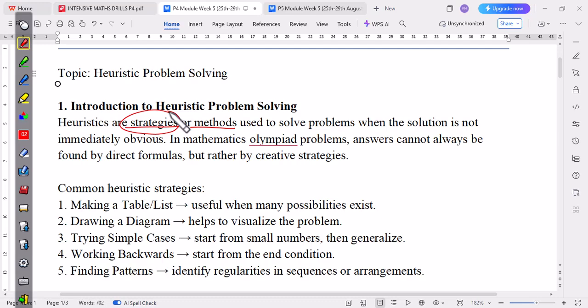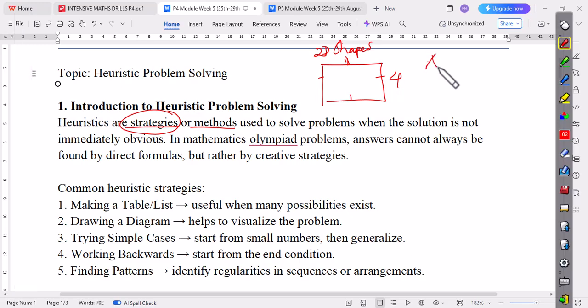Usually in a question, let's say we have a topic about two-dimensional shapes, and there is a question like: here we have a square with a side length of 4.